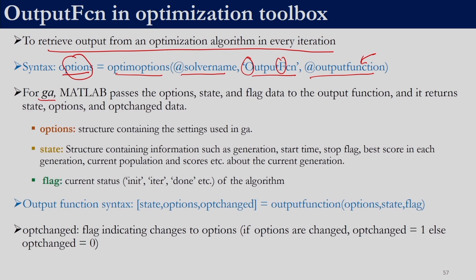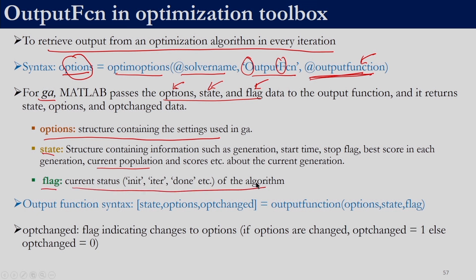In case of GA, when this function file is accessed, GA would supply these three values: options, state, and flag. Options is a structure which will contain the current settings used in GA, right. State will have various things. For example, the current population is also a part of state, right. State is going to be a structure. This variable flag denotes the current status of the algorithm, right.